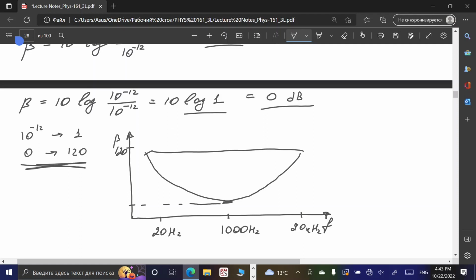Of course, it can be higher, but usually not perceived. Also don't forget that the human ear is not equally good at detecting different frequencies. The highest sensitivity is at 1000 hertz. So if you want to annoy your neighbors to the maximum level with fixed power, then you need to tune it to 1000 hertz, and it will be heard the most.